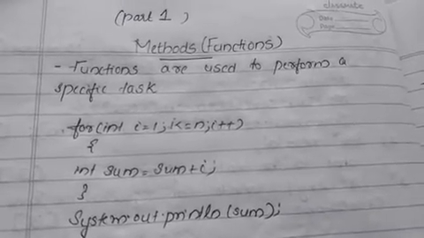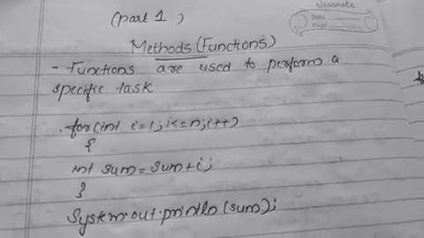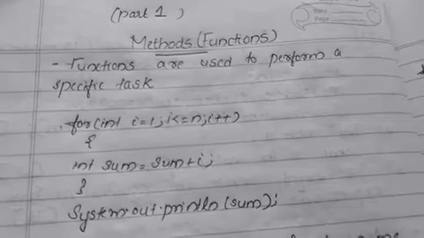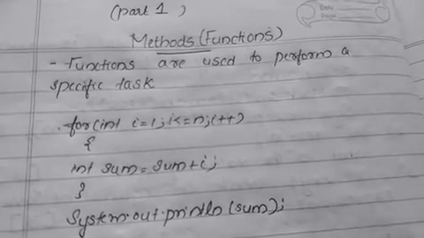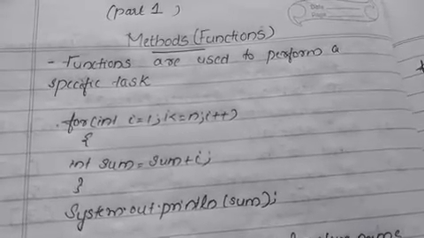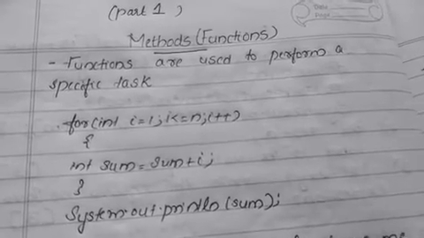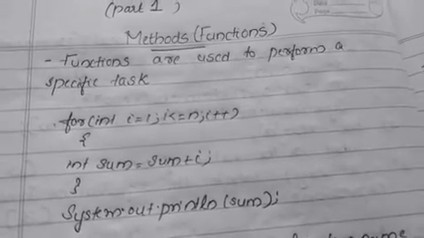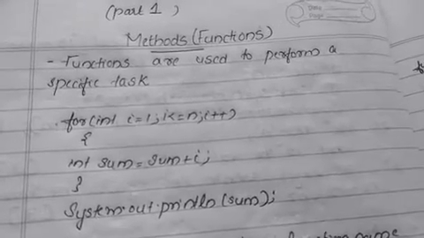Okay, this is about functions. Actually, functions are a set of statements to perform a specific task. Just consider another example. Consider a banking system. There are several functions happening in a bank, isn't it? That is withdrawal, registration, deposit, taking a new account, etc. There are different sections for all these things, isn't it?